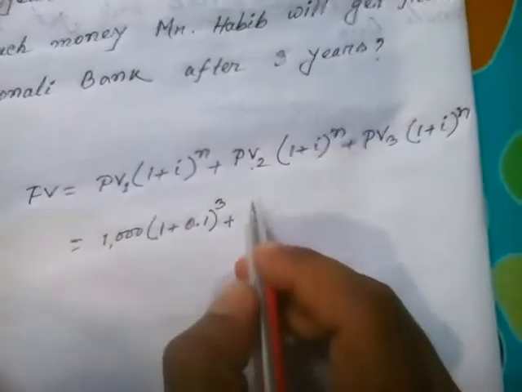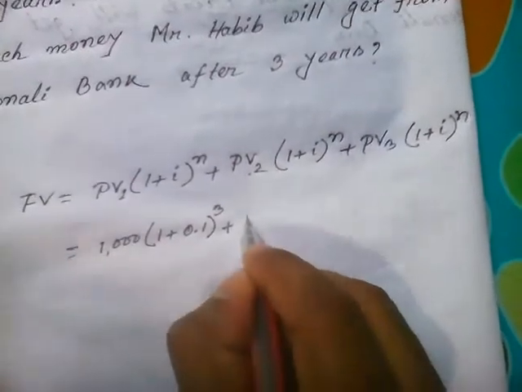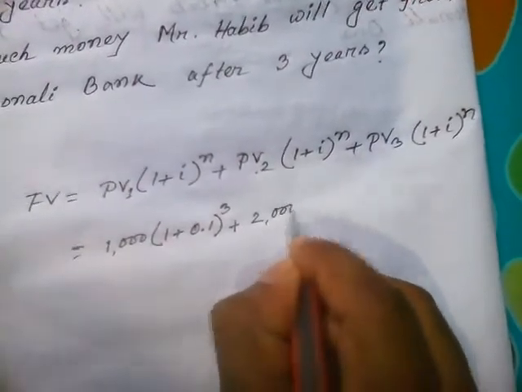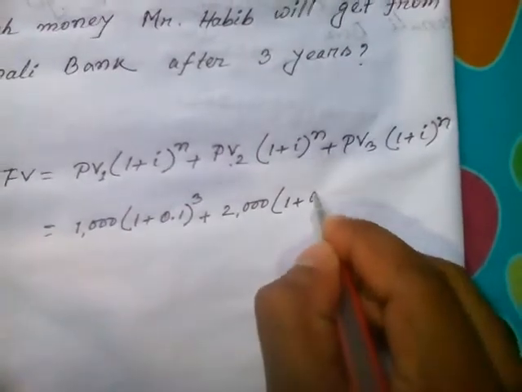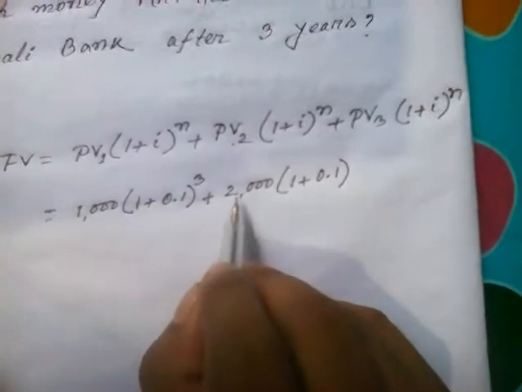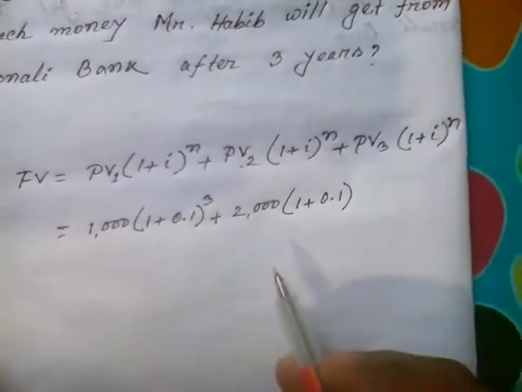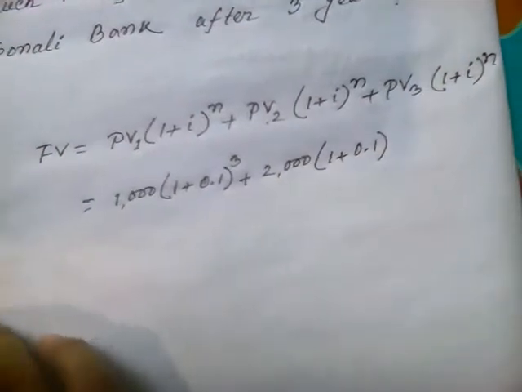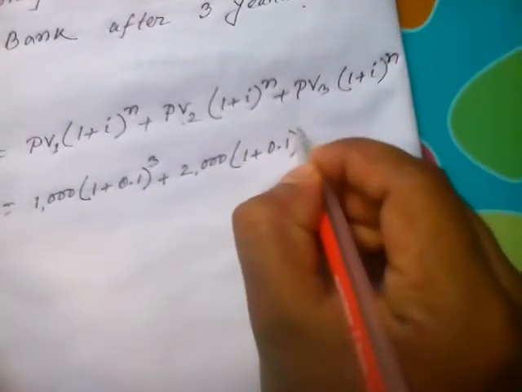In the second year, Mr. Habib will deposit taka 2000, then 1 plus 0.1, and if he withdraws this amount after 3 years, then this 2000 taka will be in the bank for 2 years.